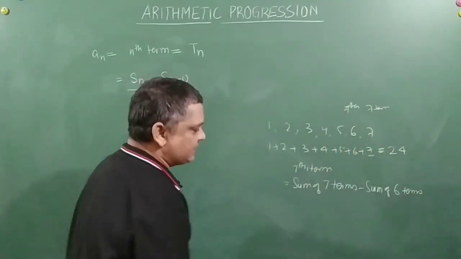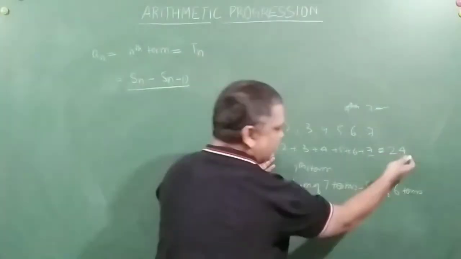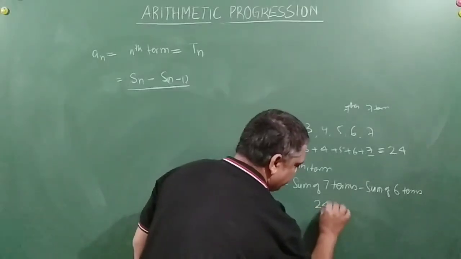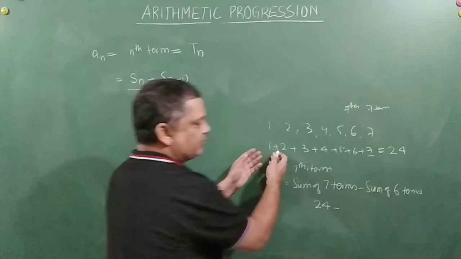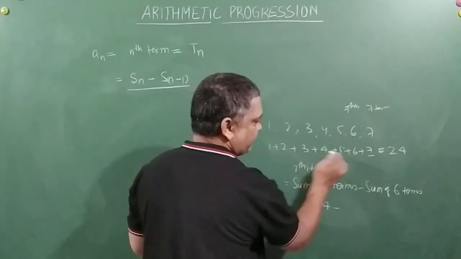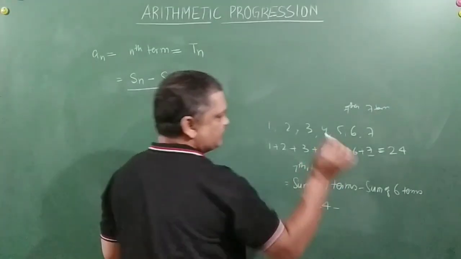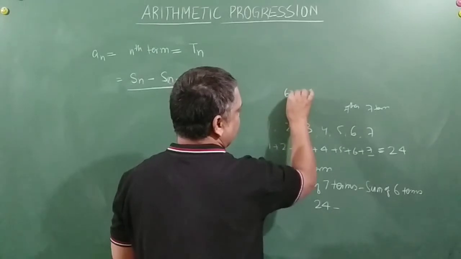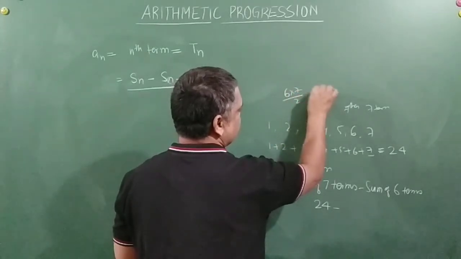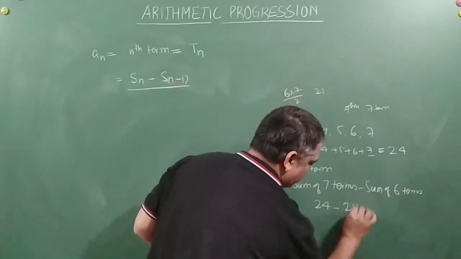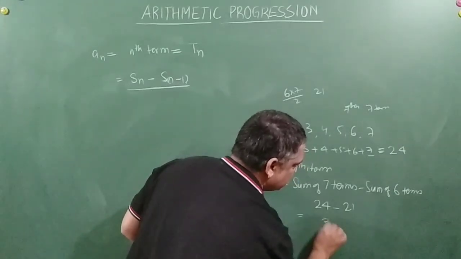Now let us try to understand: the sum of 7 terms is equal to 24, minus the sum of 6 terms, 1, 2, 3, 4, 5, 6. So the sum of 6 terms, which you will learn later on, is 6 into 7 by 2, that is equal to 21.